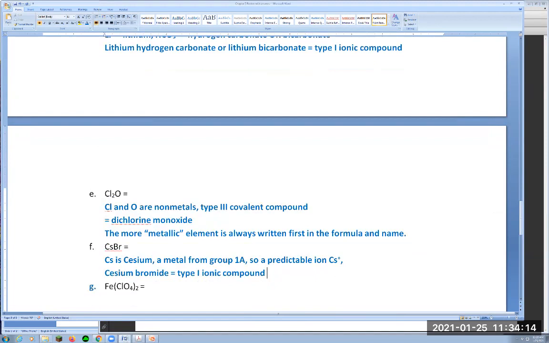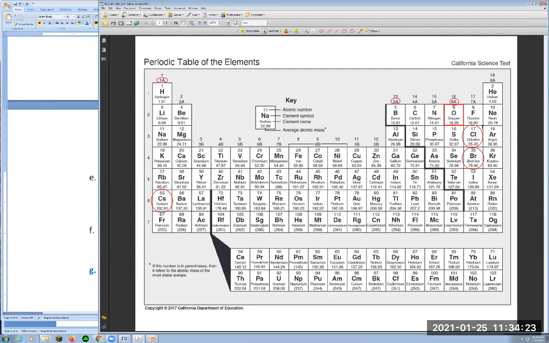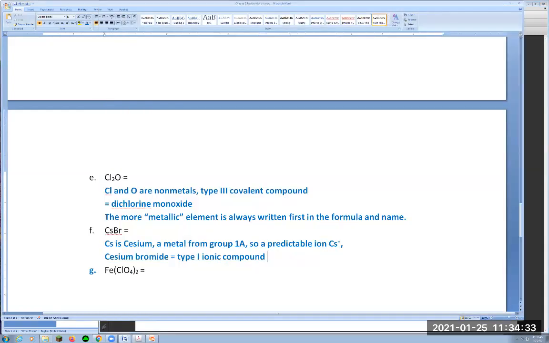And finally, we have Fe(ClO4)2. Fe is iron. Iron is a metal and it's a transition metal. So that means it's a variable charge metal. We will need a Roman numeral. And then ClO4. So this is a polyatomic ion.